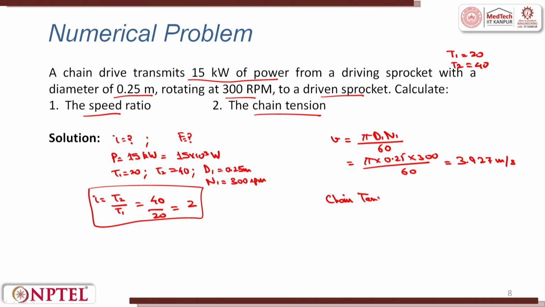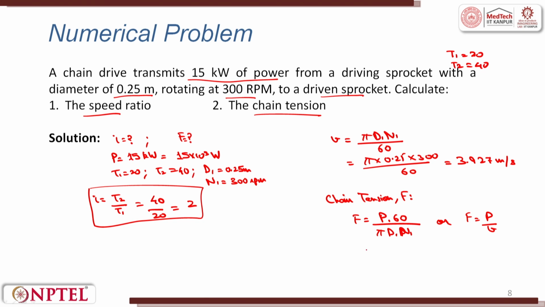This F is equal to P into 60 by pi D1 N1, or you can use the relation that power is equal to F into V, that means F is equal to P by V. Use any of these relations, we will find the value of the chain tension.